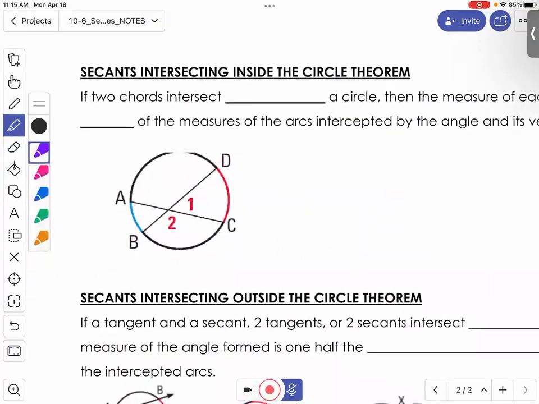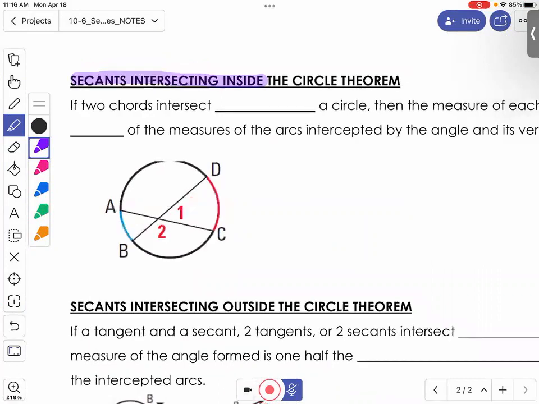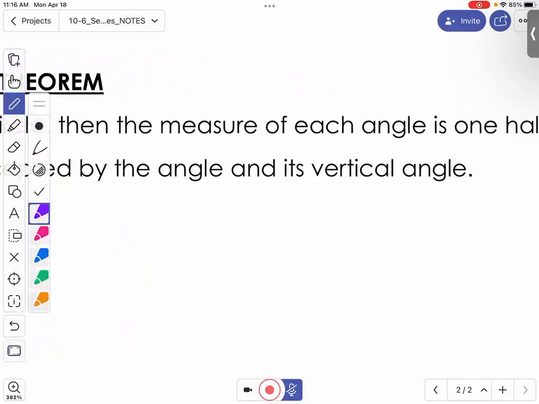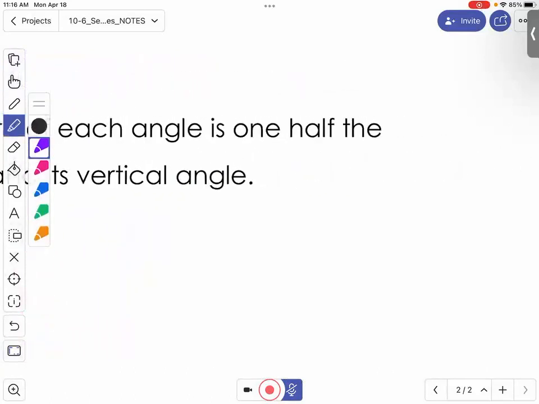So we're going to start with our first one, which says secants intersecting inside the circle. Now remember, the theorem itself deals with chords, but a chord is part of a secant. So if 2 chords intersect inside the circle, then the measure of each angle is 1/2.